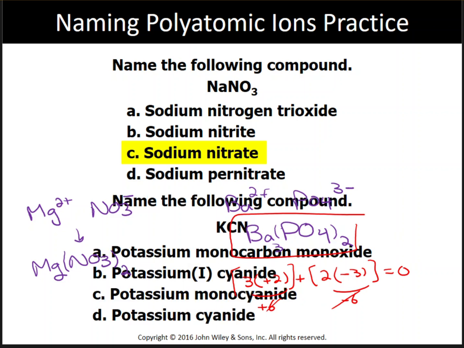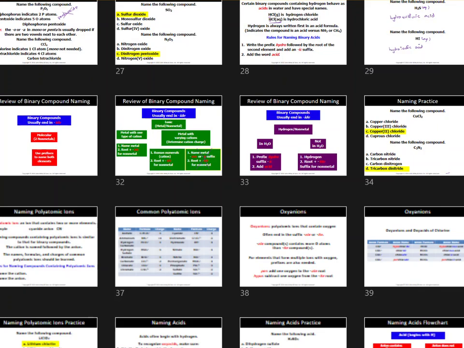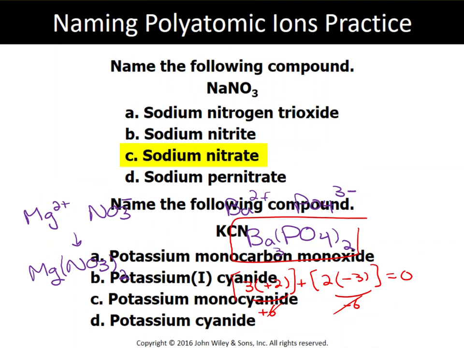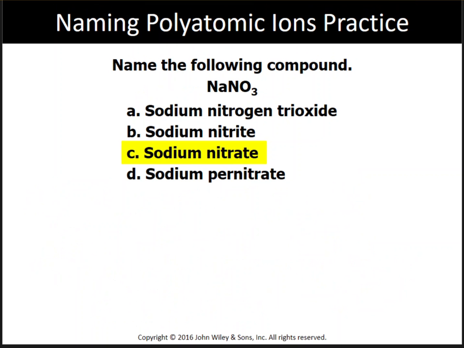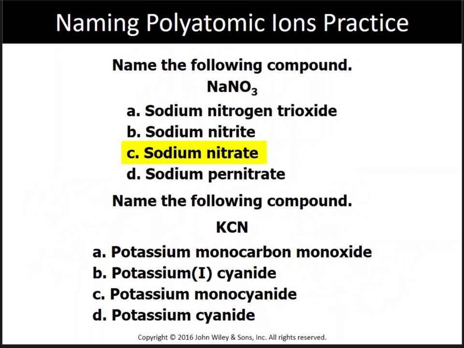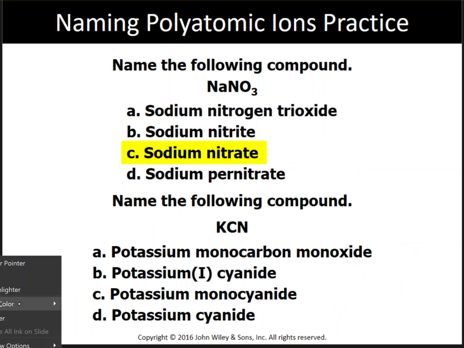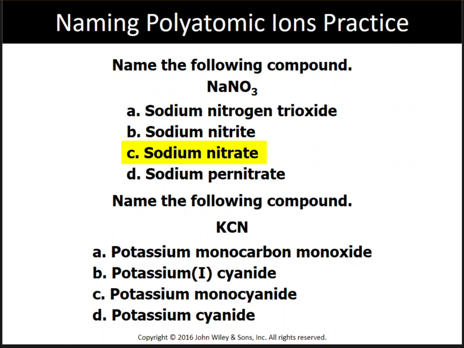Let's do more examples. So you want to name this compound, KCN. KCN is composed of potassium ion and cyanide ion.